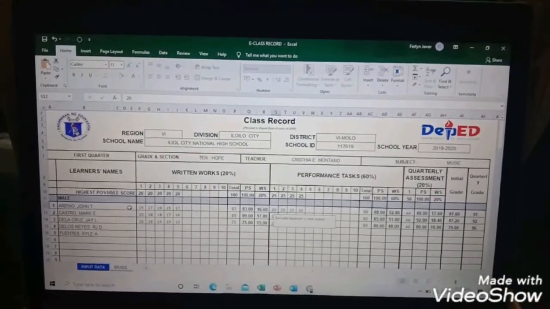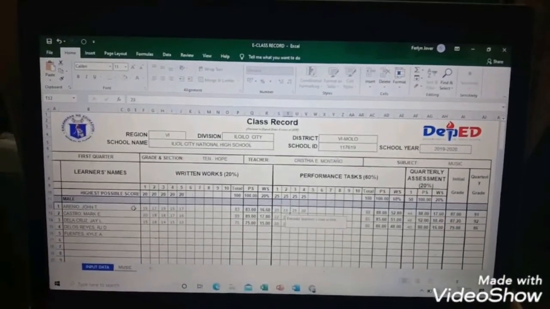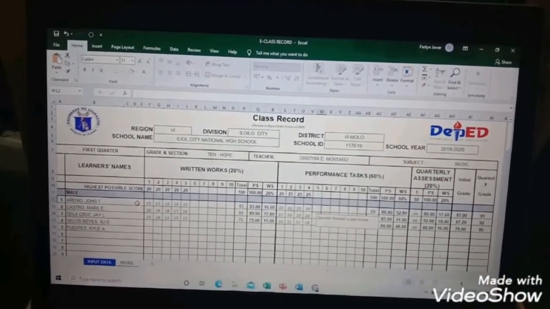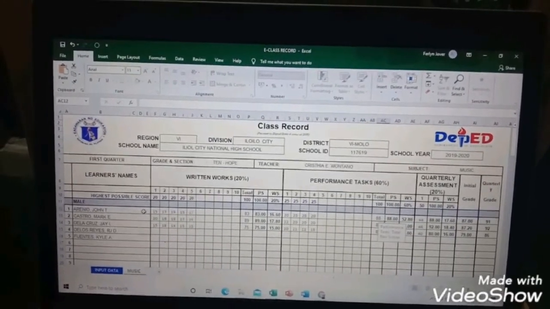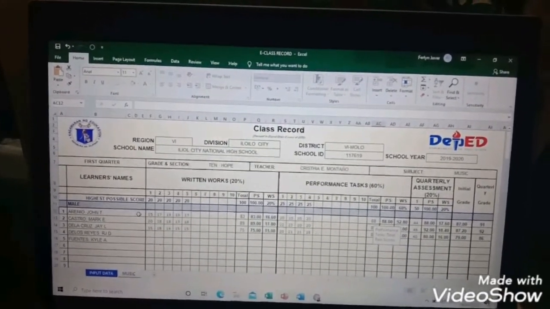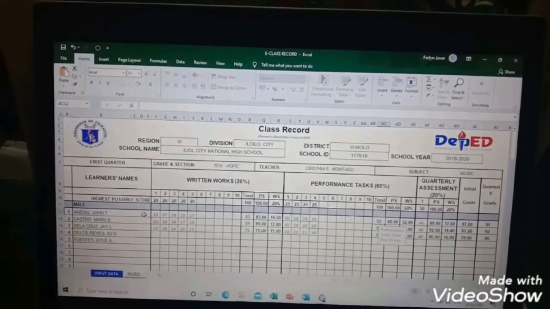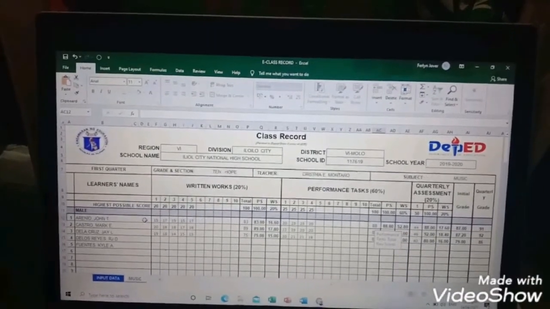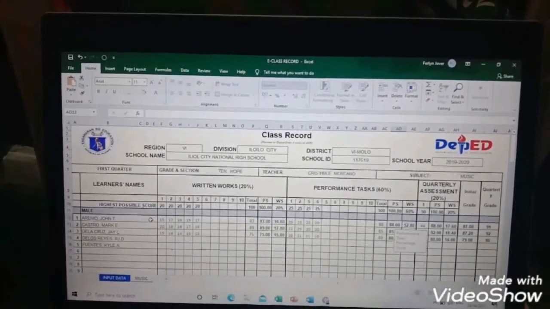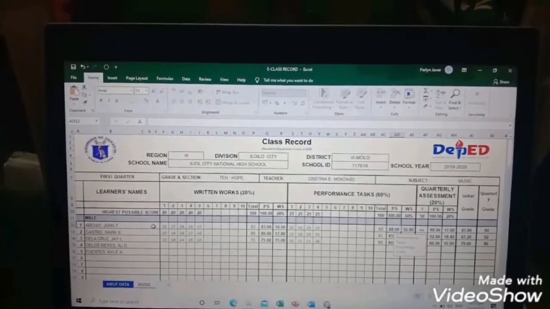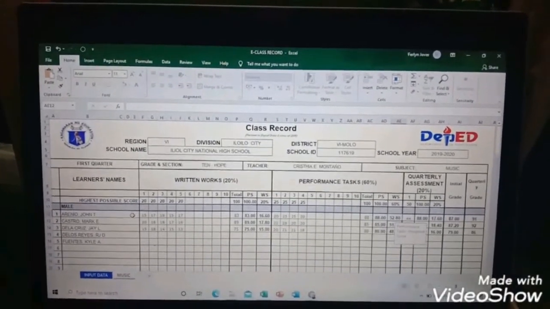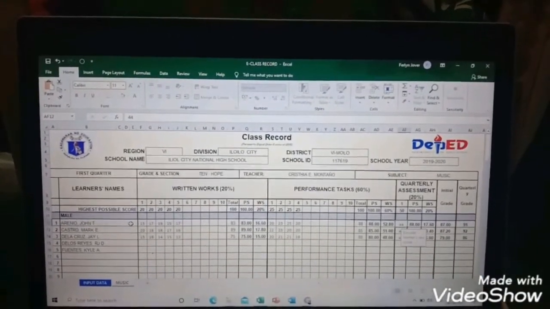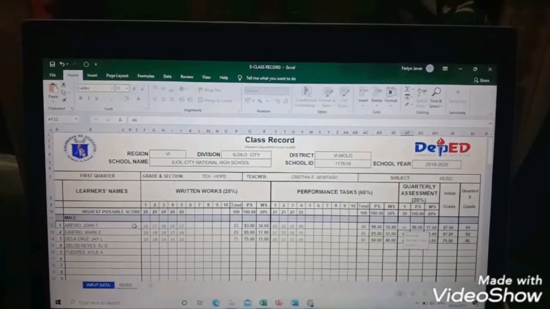In performance task, first he got 20, second 23, third 25, fourth 20, for a total of 88 out of 100. 88 divided by 100 equals 0.88, multiplied by 100, he got 88.00, and times 0.60, he got 52.80. In quarterly assessment, he got 44 out of 50.